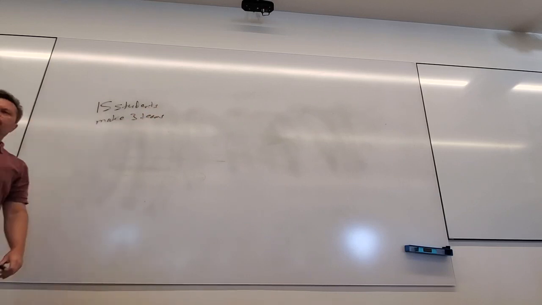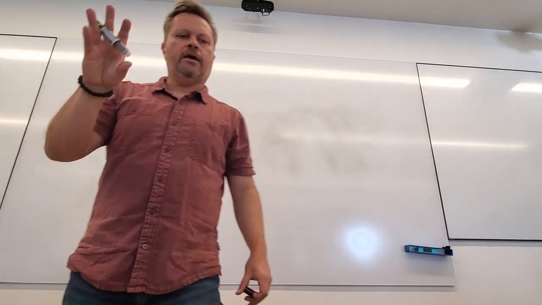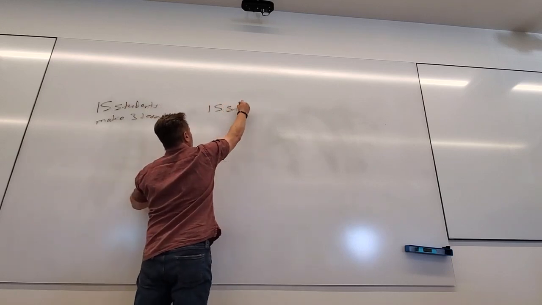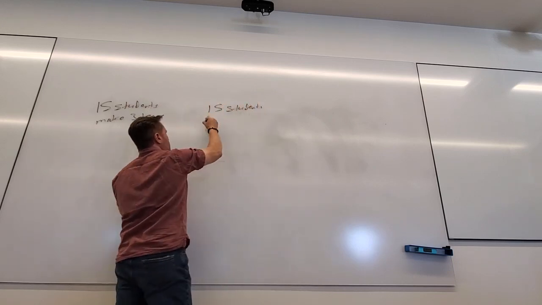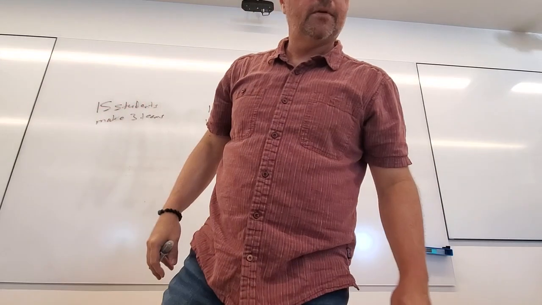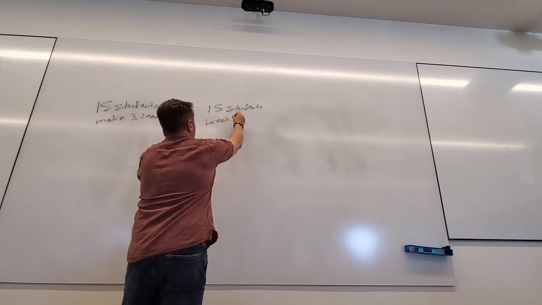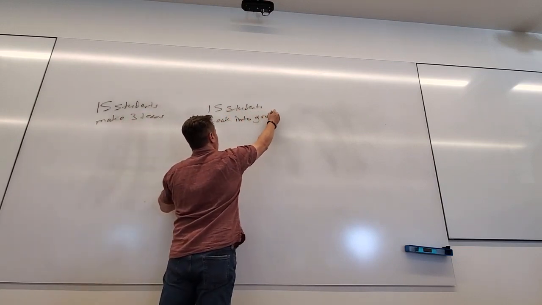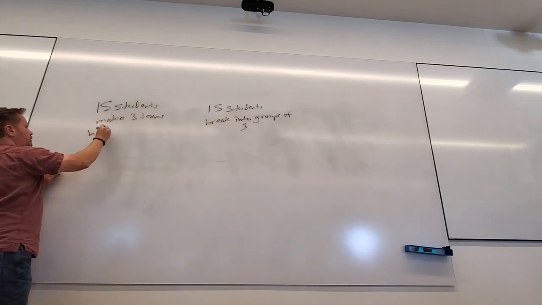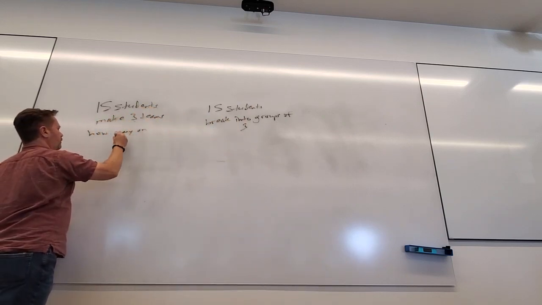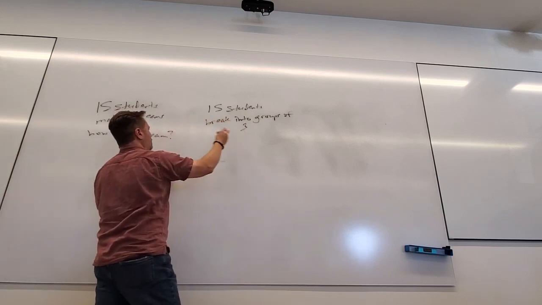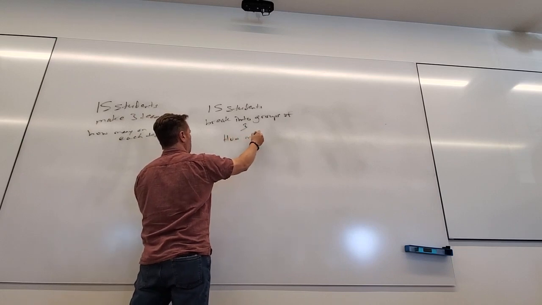This is a different kind of problem than if I have 15 students and I want to break them into groups of 3. The question here would be, how many on each team? And the question here would be, how many teams or groups?